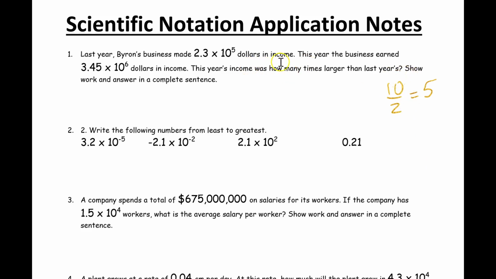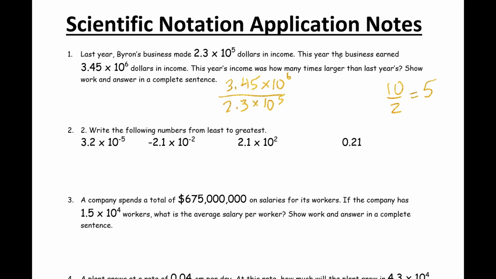And so when you're asking how many times larger than last year's, this year's income is how many times larger than last year? Well, this year's income is 3.45 times 10 to the 6th. And then last year's income was 2.3 times 10 to the 5th.